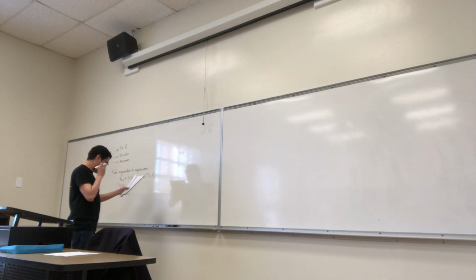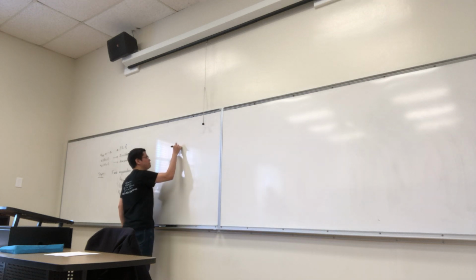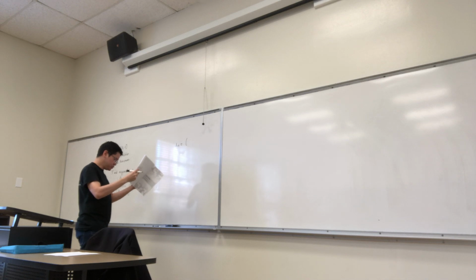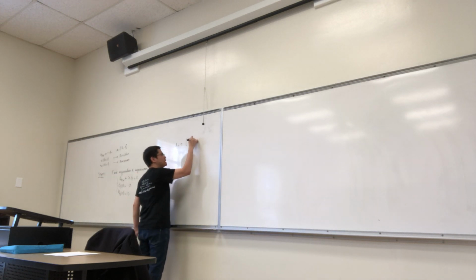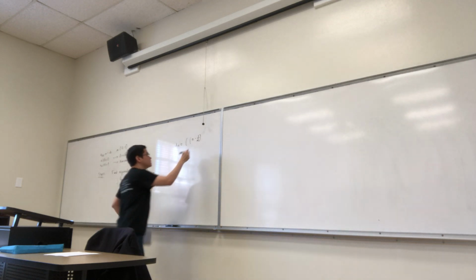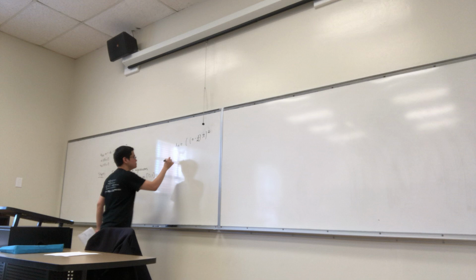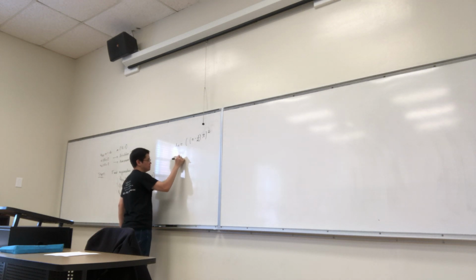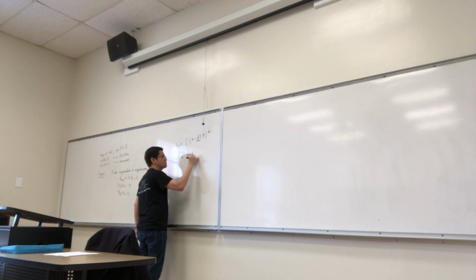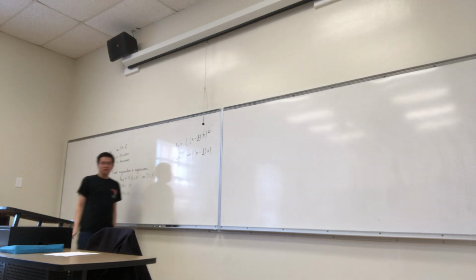So in the previous class, we also found the following things. So you have a class of eigenvalues, lambda n, which is (n minus 1/2) pi squared, and phi n of x is sine of (n minus 1/2) pi x, right?